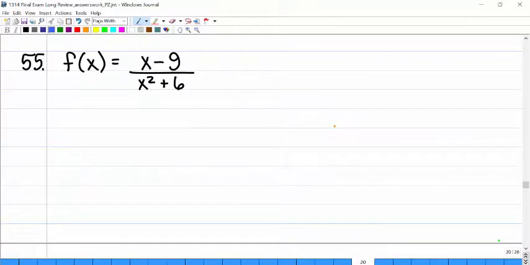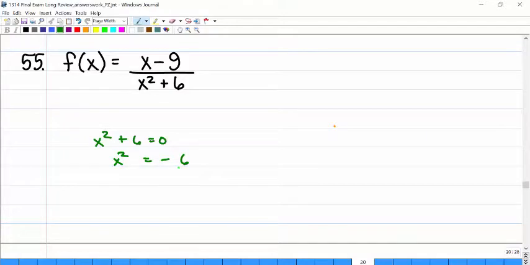Number 55 wants the equations of all asymptotes. To find the vertical asymptotes, I want to set all factors in the denominator equal to 0 and solve for x. If I set x squared plus 6 equal to 0, I would subtract 6 from both sides and get x squared equals negative 6.